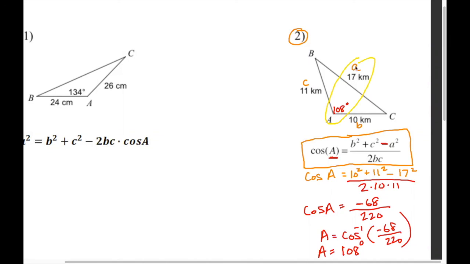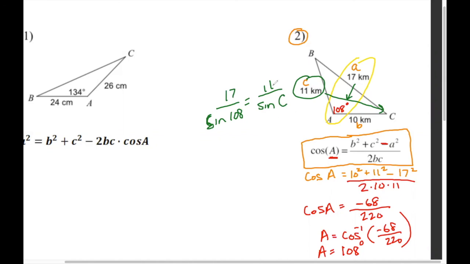So we can do A, which is 17, compares to the sine of its opposite angle, which is the 108. And now, how about let's do C here. C is 11 over the sine of its opposite angle, which is capital angle C, which is unknown.